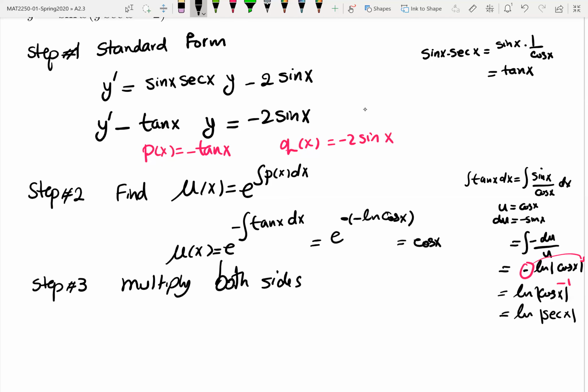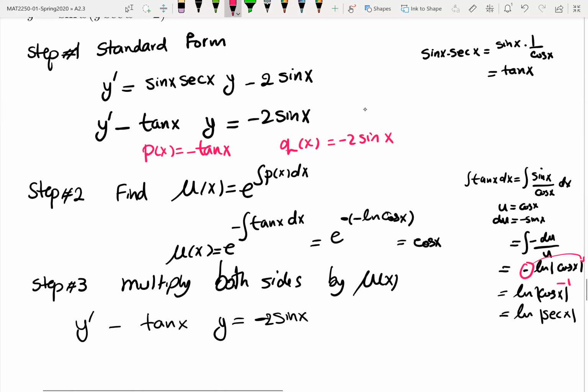So that's what I was looking for, to multiply both sides. I will write my original problem like this, and then I multiply by cosine of x, which is my integrating factor.